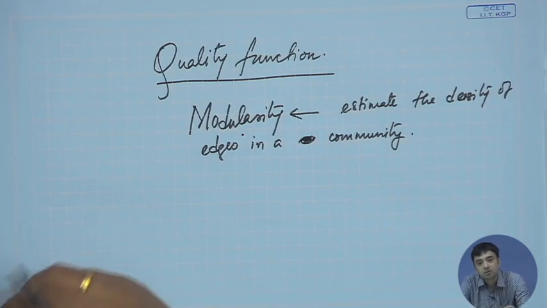So, it tries to estimate the density of the number of edges within a community. Okay. So, that is the basic intuition, and if given a community there are a large number of internal edges inside the community, that means that this is a good partitioning, that is people who are most densely connected, you have been able to successfully partition them into substructures. Okay. That is the idea.